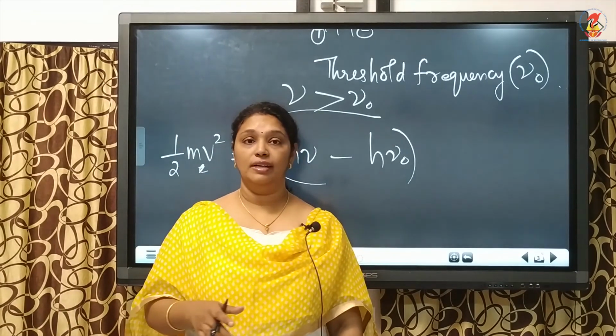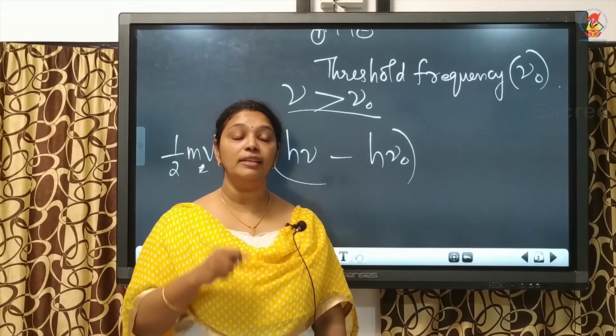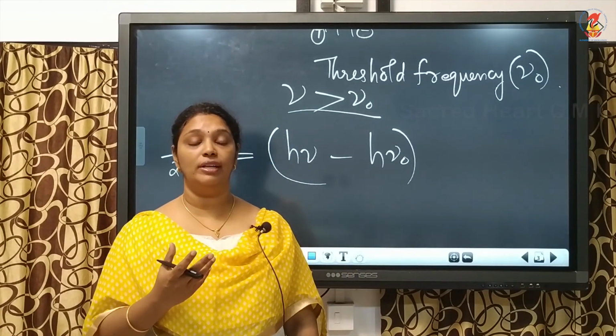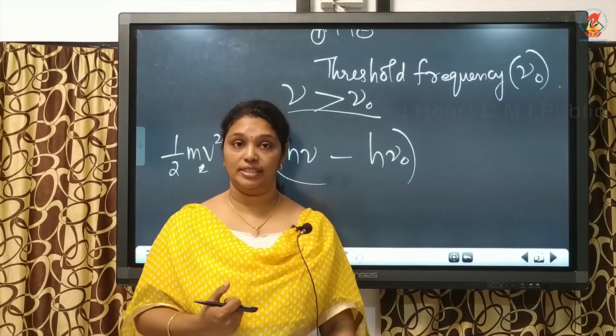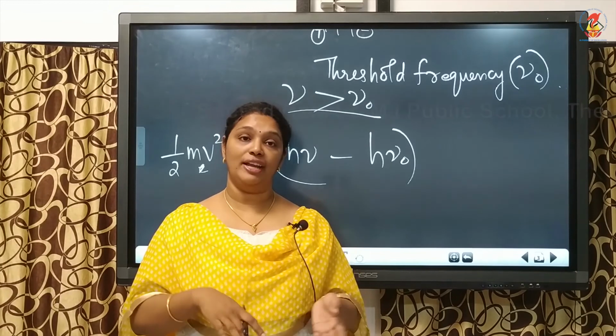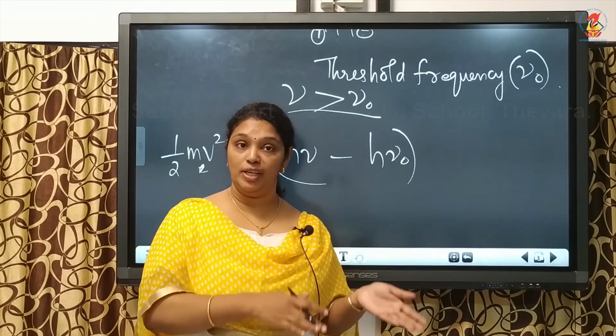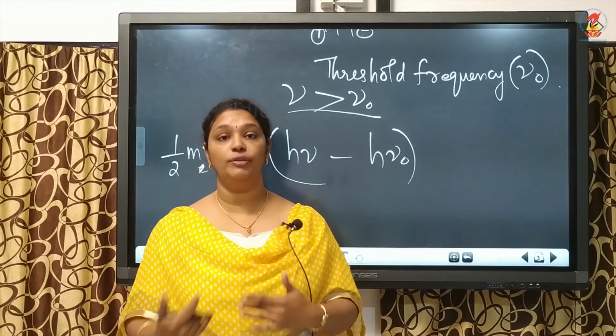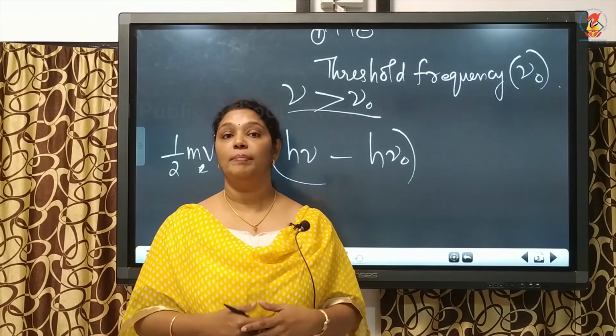So with this the scientists could explain the particle nature of electromagnetic radiation, that is black body radiation and photoelectric effect. Phenomena like diffraction and interference were explained by wave nature, and black body radiation and photoelectric effect were explained by particle nature.